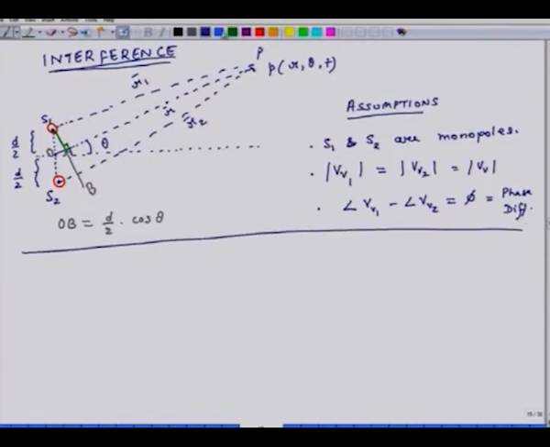So, the first thing is that I will write down the expression of VV2. VV2 will have some magnitude, and that magnitude we know is VV, and it will also have some phase, e to the j phi over 2.